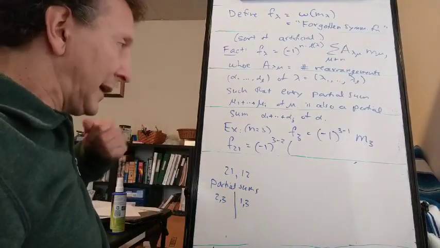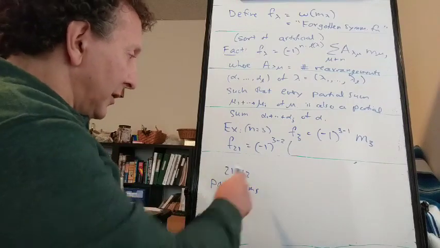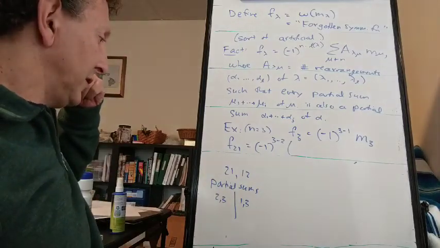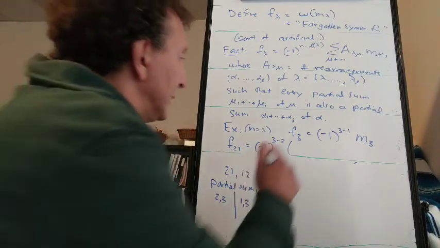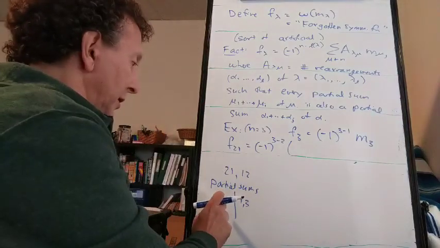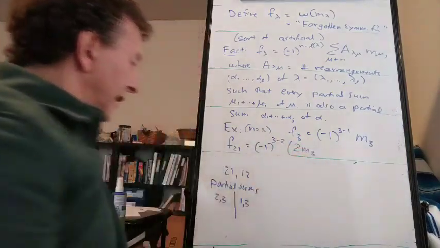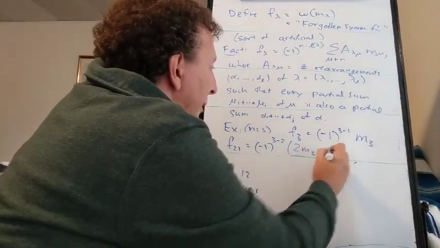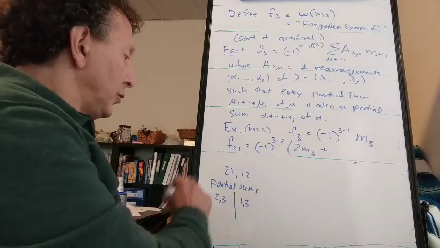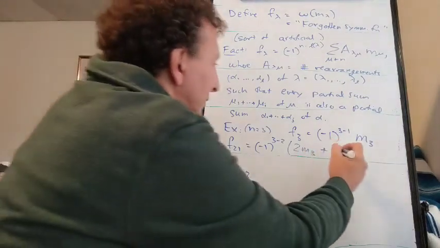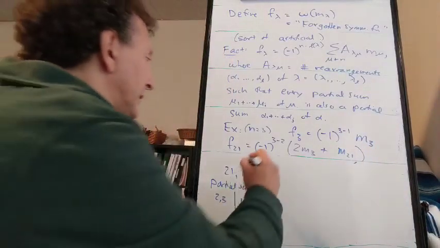So m111 can't appear because we would need to see partial sums of 1, 2, and 3, and neither rearrangement of 2, 1 gives us that. We're going to have m3. Actually, both of these have 3 as a partial sum. And then m21, well, m21 has partial sums 2 and 3. So only one of these rearrangements contains the partial sums of 2, 1.